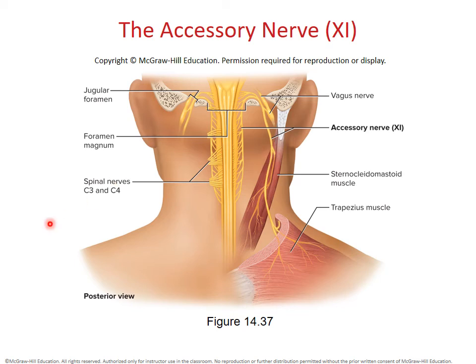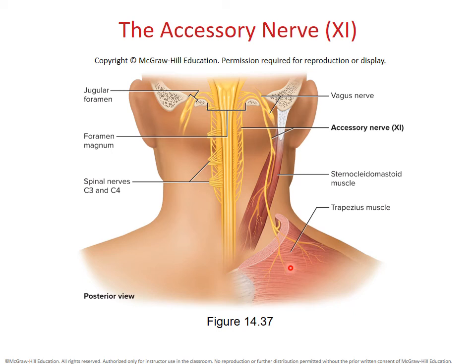The spinal accessory nerve is primarily a motor nerve, and like spinal nerves, it serves primarily skeletal muscles. Specifically, it serves two skeletal muscles of the neck and trunk, the sternocleidomastoid muscle and the trapezius muscle.